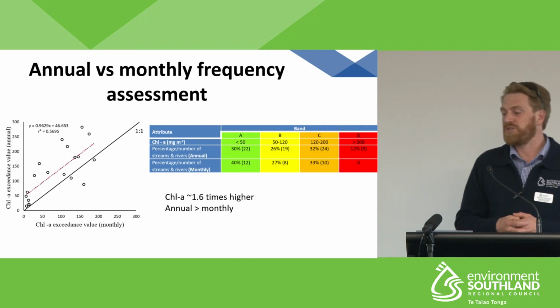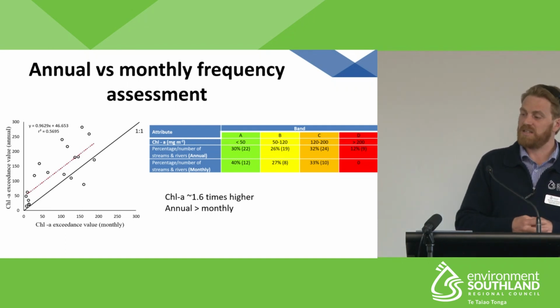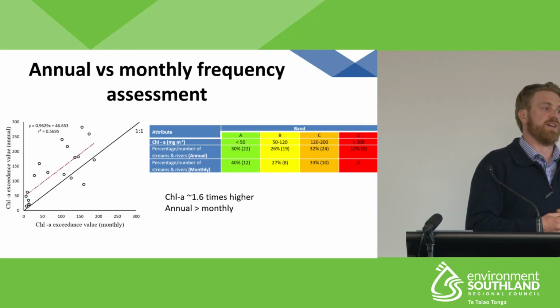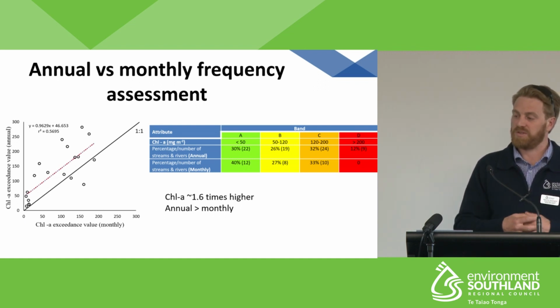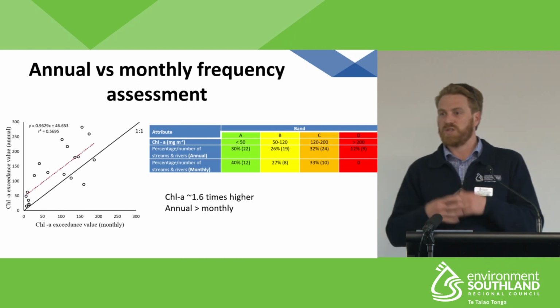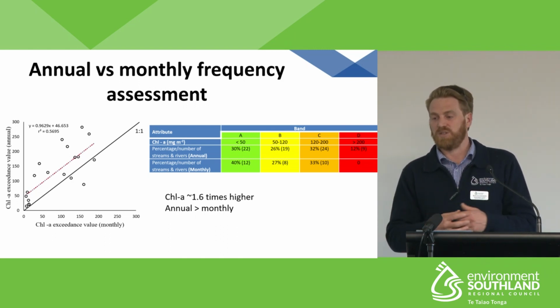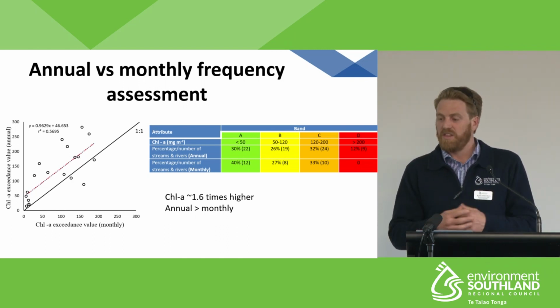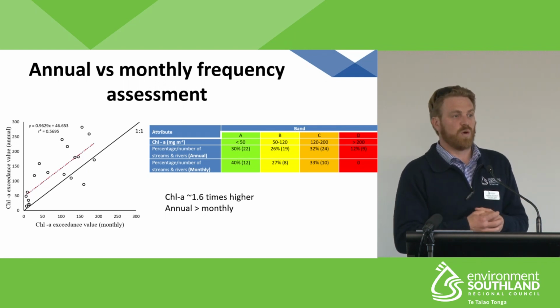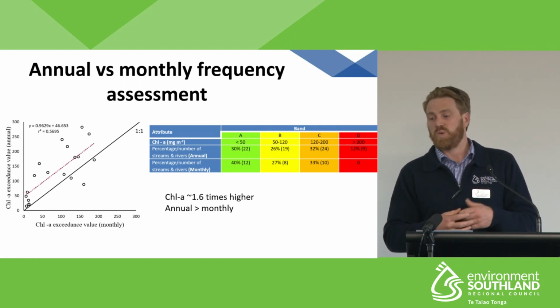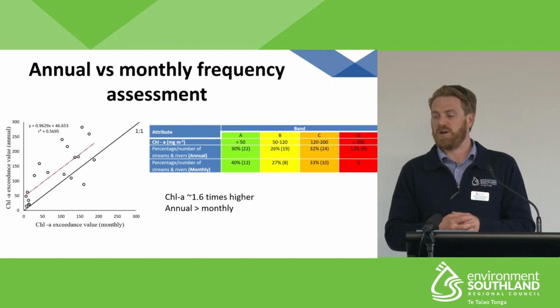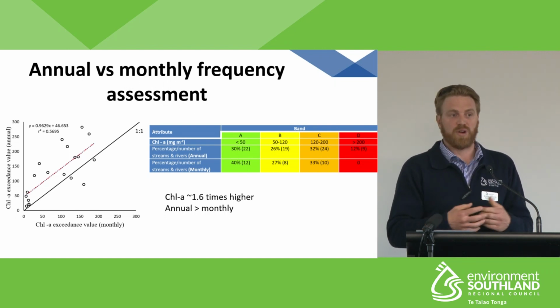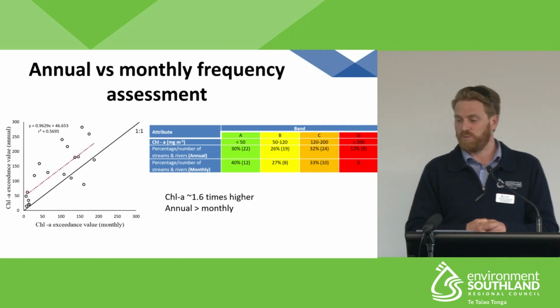So we went on to make a comparison between the assessments made using annual frequency data versus monthly frequency data. We did this because previous assessments had used that annual data, and we felt it was important to understand what the differences between how we had and how we are now assessing periphyton state looked, and there was a considerable difference.